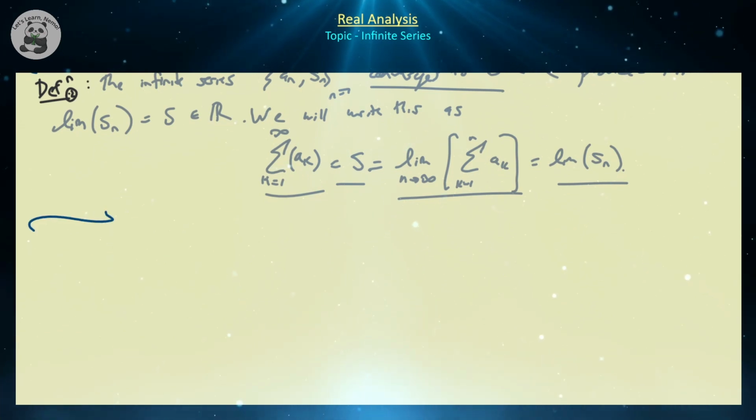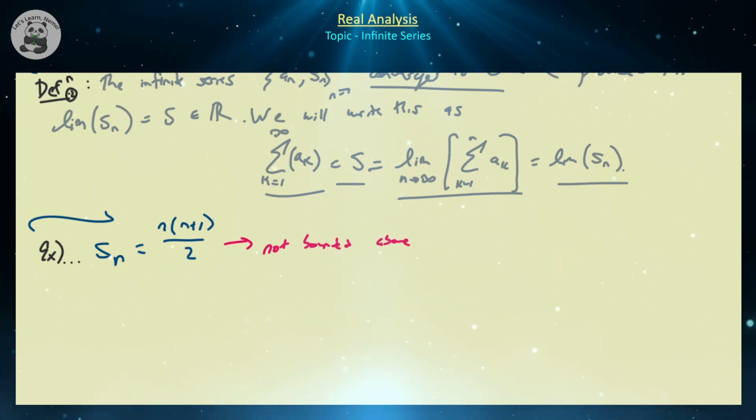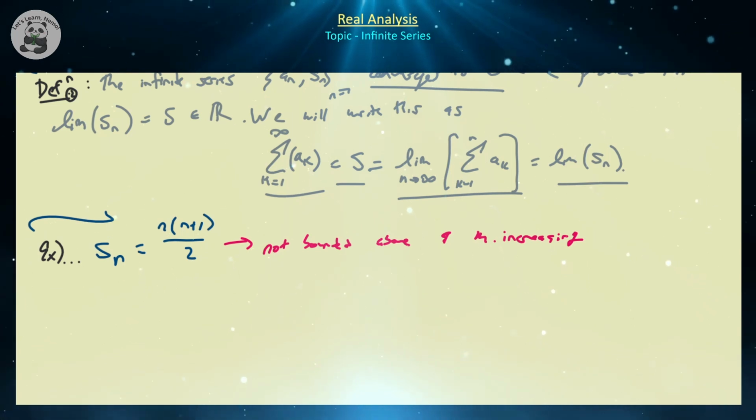So if we go back to the example that we talked about earlier, our partial sum of the first n consecutive natural numbers was equal to n times n plus 1 over 2. But what do we know about this particular sequence? It can easily be proven that it is not bounded above, and we can also show that it is a monotonically increasing sequence. So we have a monotonically increasing sequence that's not bounded above.